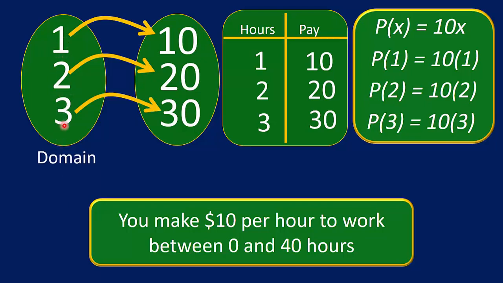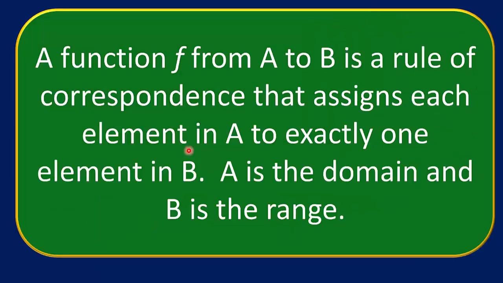This particular function has a domain of hours between 0 and 40. So, for example, you can't work -1 hour. You work 0 up to 40 hours, and those values represent the domain. The output here we call the range. So here's the input, here's the output.